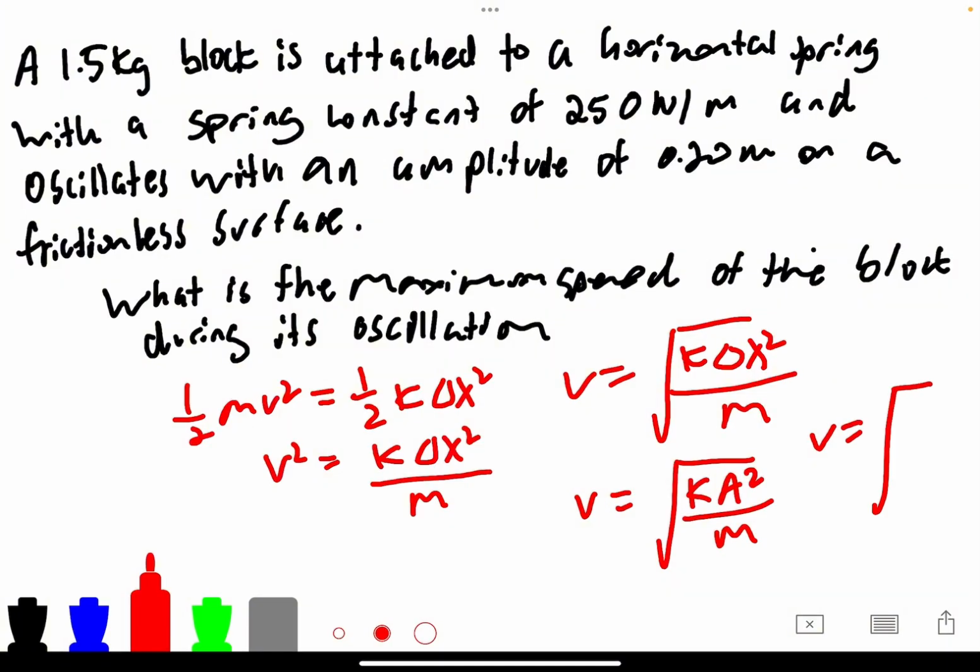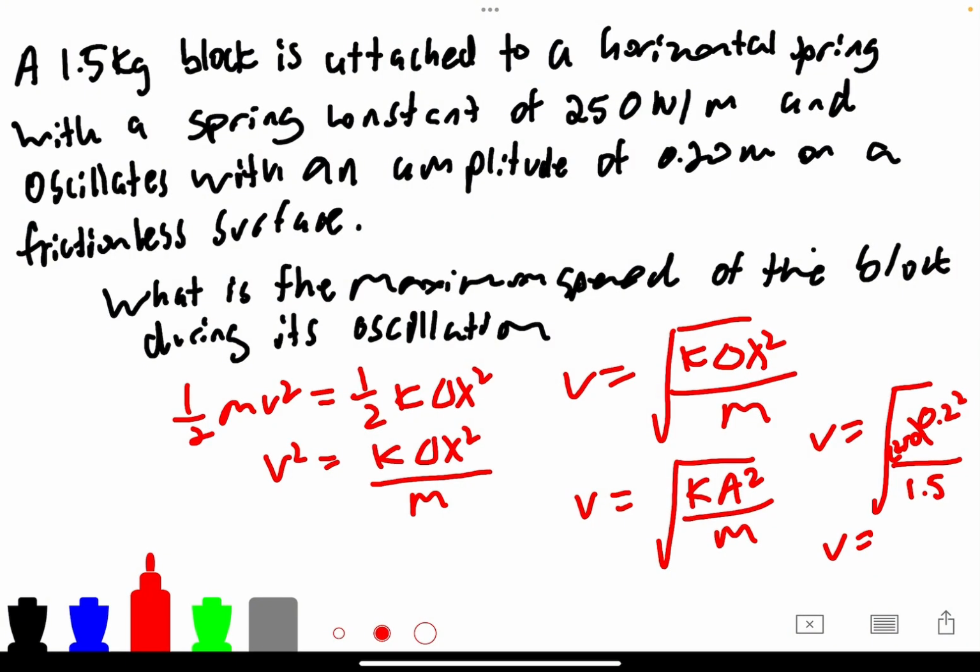The amplitude is 0.2 squared, multiplied by 250, and then the mass is 1.5. I have to calculate it via calculator.